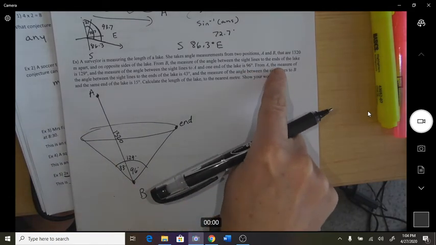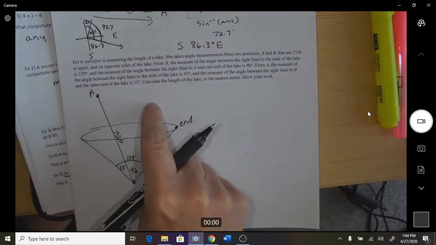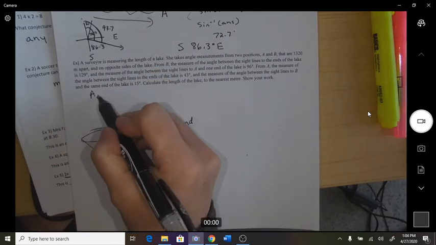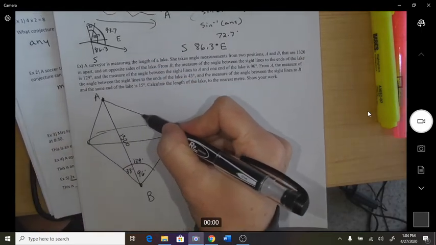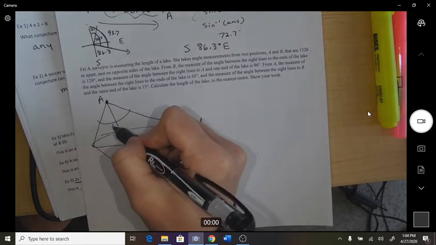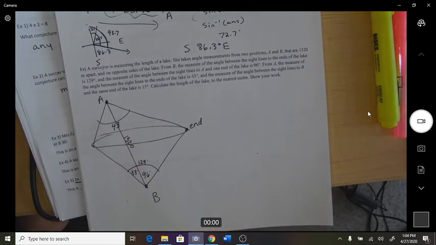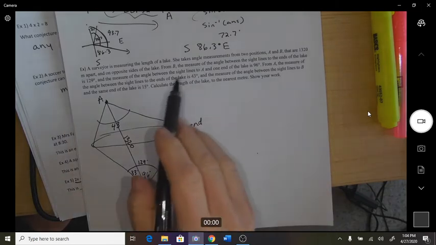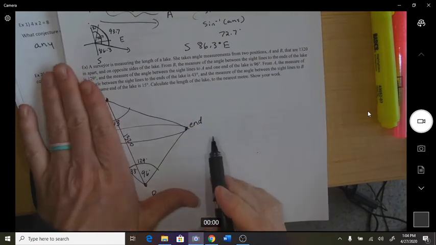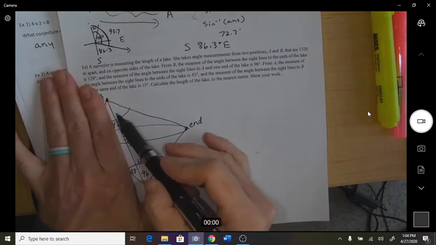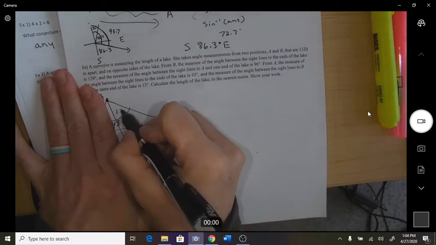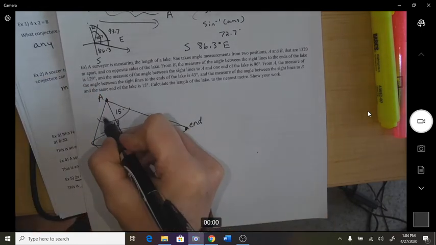Okay, from A, the measure of the angle between the sight lines to the end of the lake is 43. The measure between the sight line to B and the same end of the lake, so looking from A, looking from B to the end of the lake, is 15 degrees. So therefore the other end of the lake would be 28.